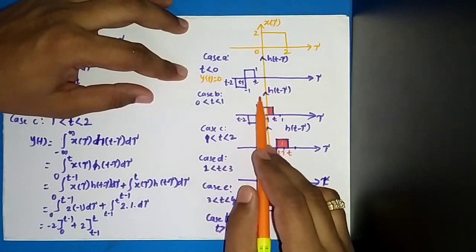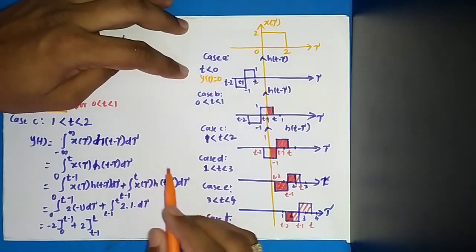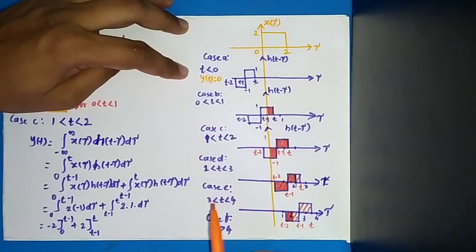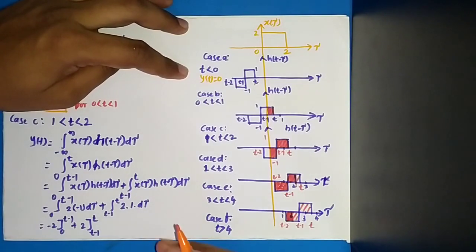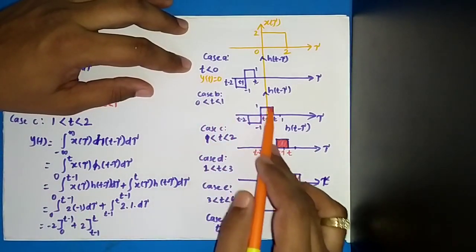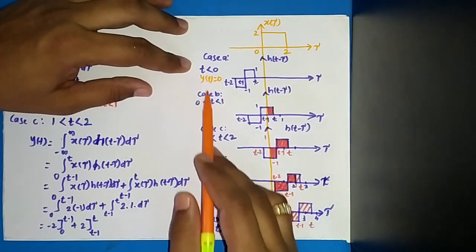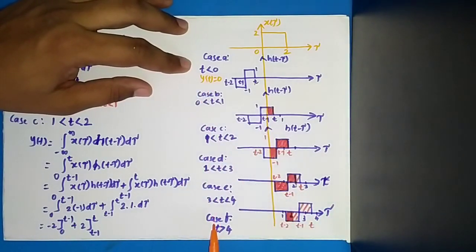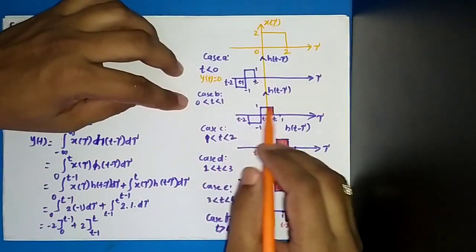In the previous example we had only two cases, where t is less than 0 and t is greater than 0, because that signal was continuous and it was easy for us to plot that. But here it is not like that, this is a very different kind of signal, that's why we need to have such a long list of different cases. Just understand it in that manner.